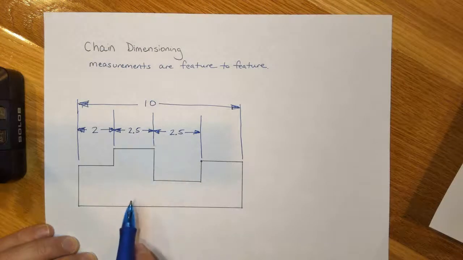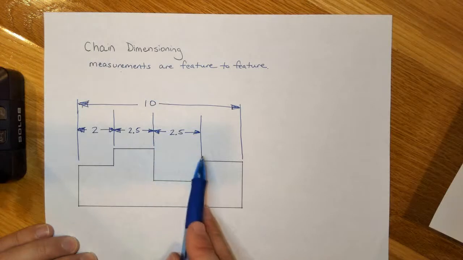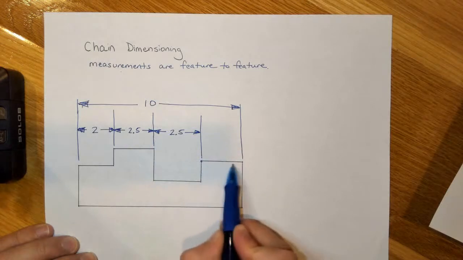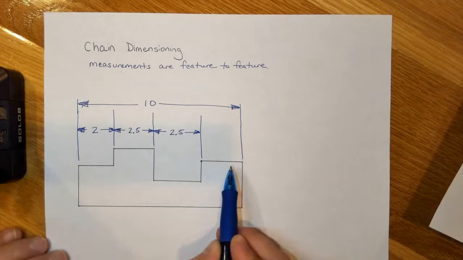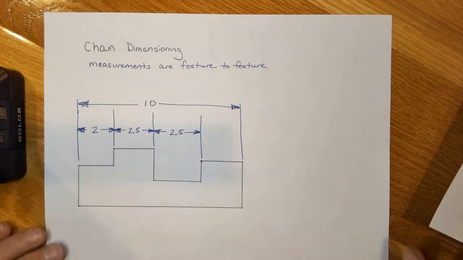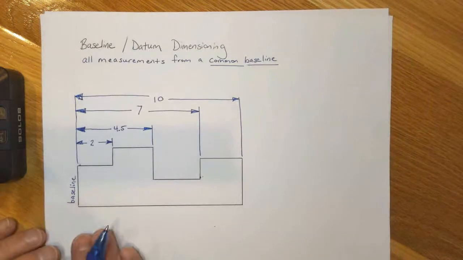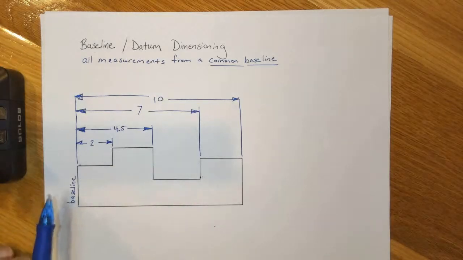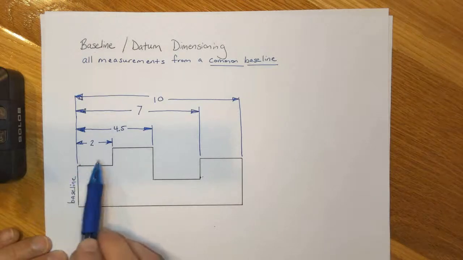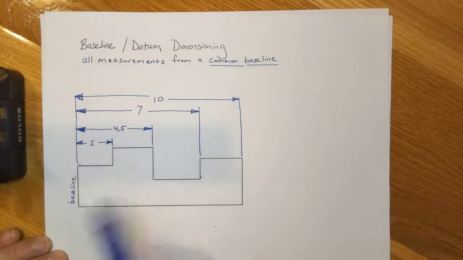So that mistake, that variation on the measurement is going to grow, and this piece, where it was supposed to be 3, could significantly change. So in a lot of cases, baseline dimensioning is preferred. There are times where chain might have its application and a reason, but baseline is usually going to be nice to try to keep some variation from having that domino effect of falling all the way across your part.